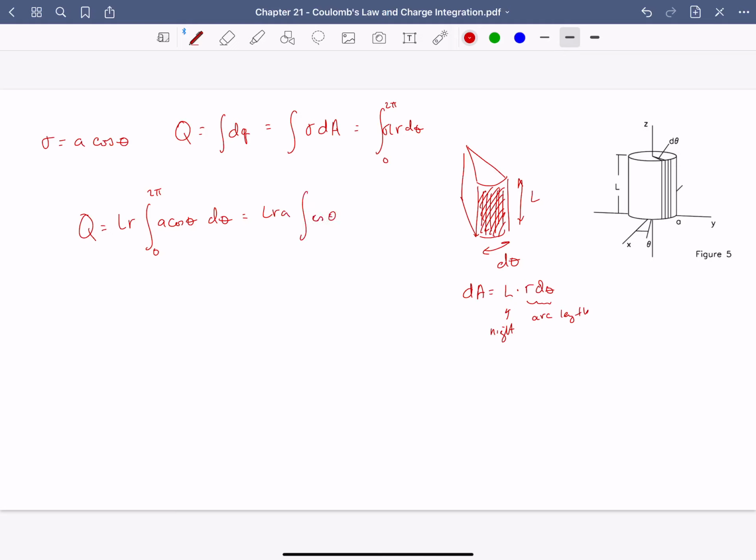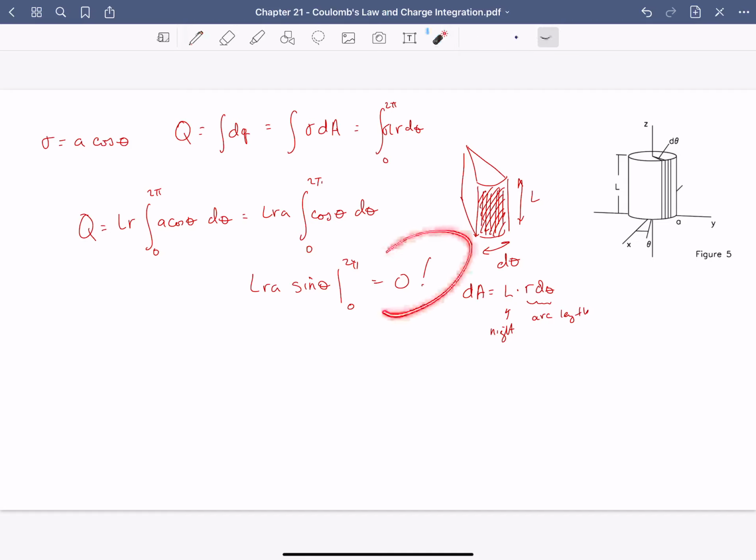I have the integral from 0 to 2 pi of cosine theta d theta, oops, that is not a cosine. Not even by Mr. Balogh handwriting standards. The integral of cosine theta d theta is sine theta, evaluated from 0 to 2 pi, and when we do that, we get 0.